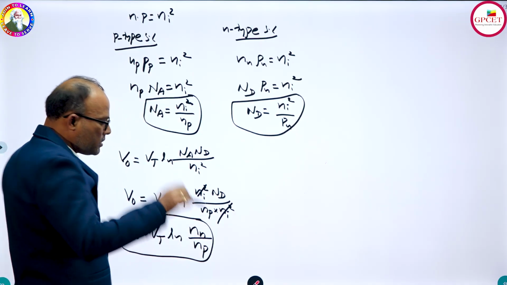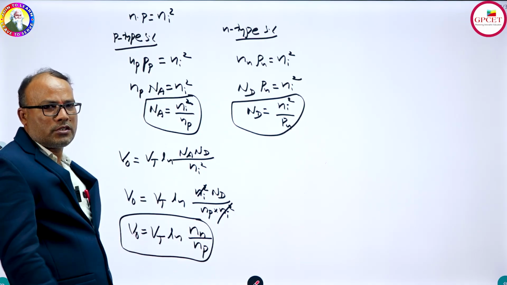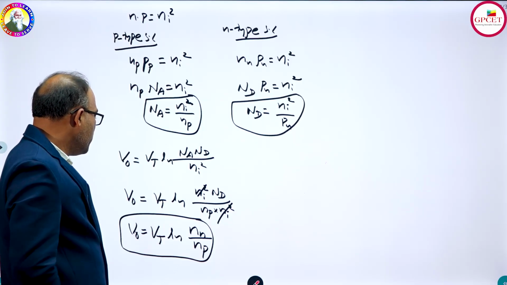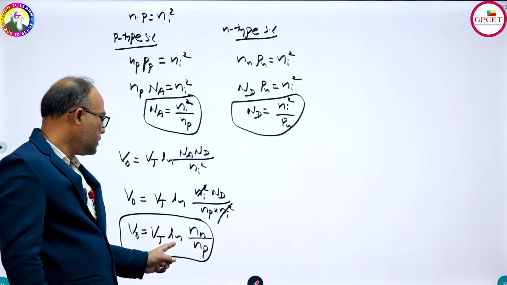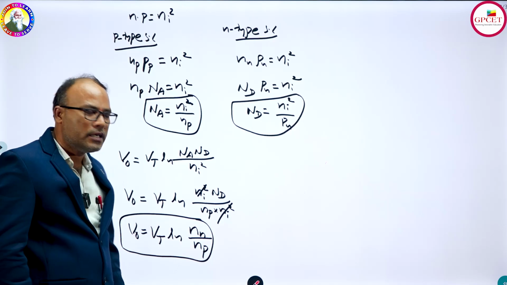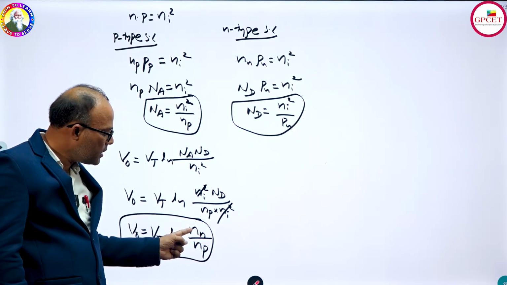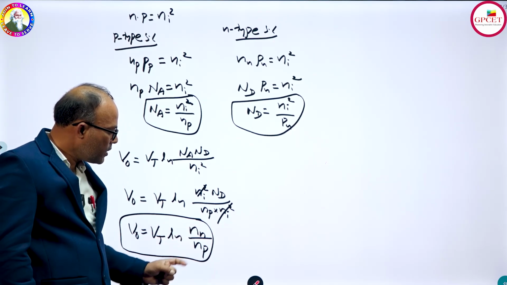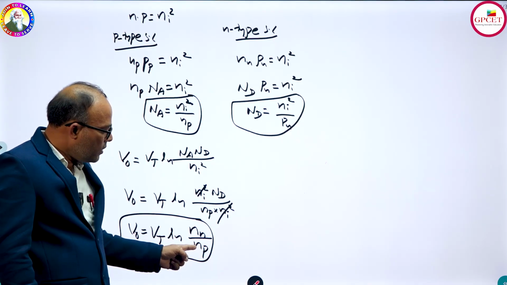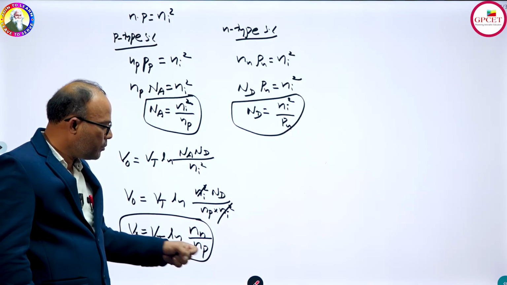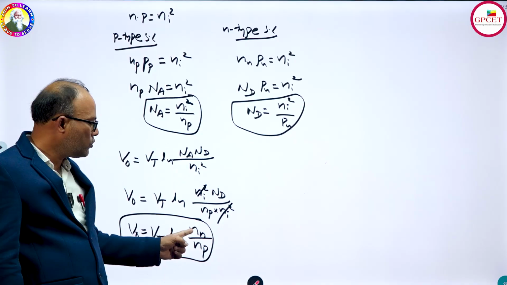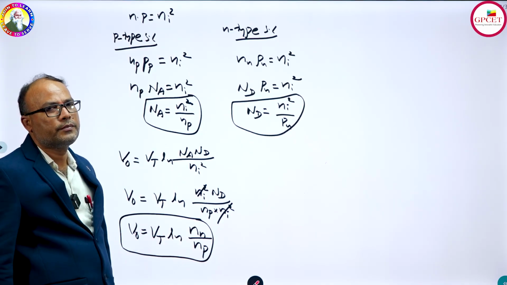So V0 is equal to Vt ln Nn by Np, where Nn represents majority charge carriers in N type and Np represents minority charge carriers in P type semiconductor. That means both relate to electrons here.